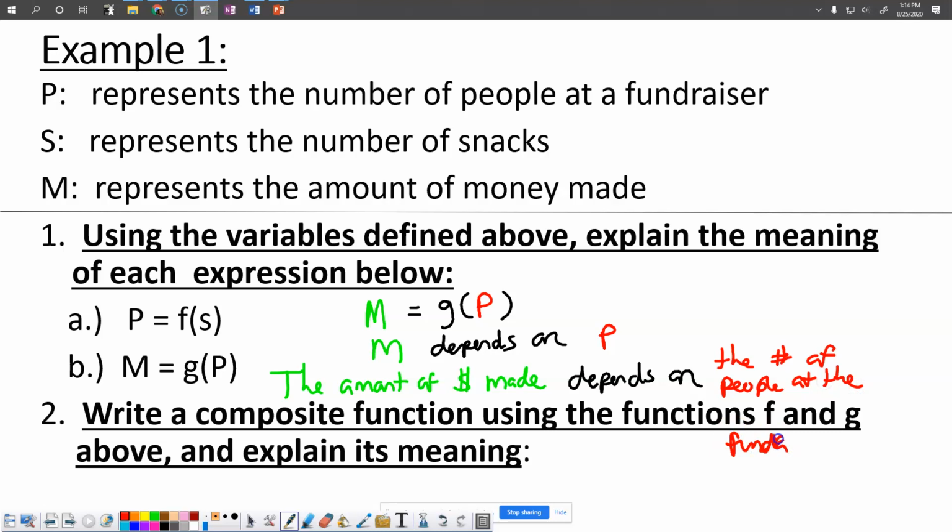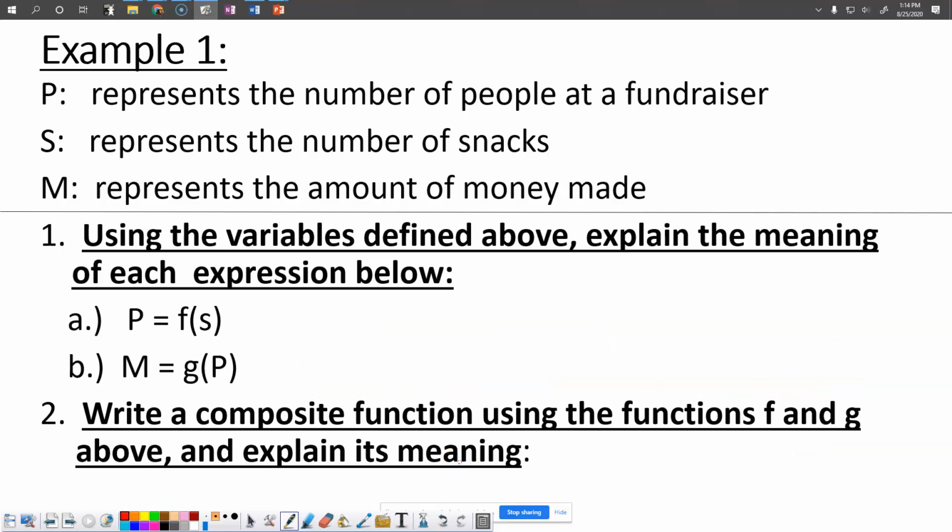And that makes sense, doesn't it? The amount of money you make depends on how many people are at the fundraiser if you're there selling stuff. All right. Well, we got a little bit more to do here. So that's part 1. We're just interpreting these statements a little bit.